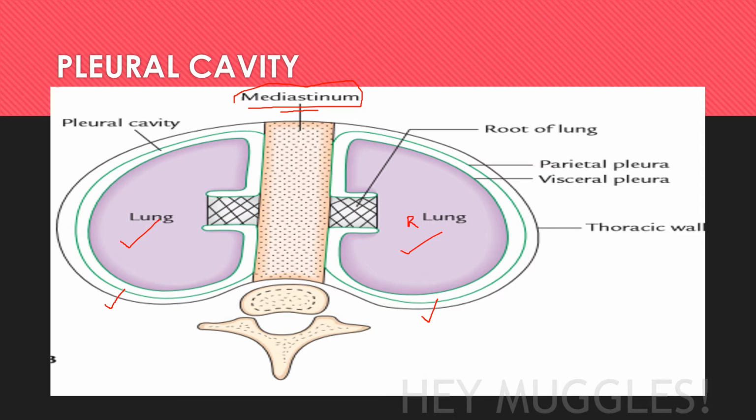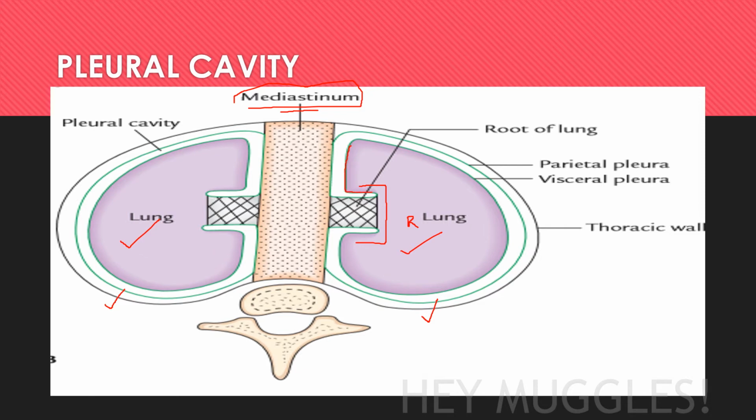And this region is known as hilum. Hilum is the region from where all the structures enter or exit the lung. Hilum is a region, and root of the lung is a collection of the structures that connects lung to the mediastinum.